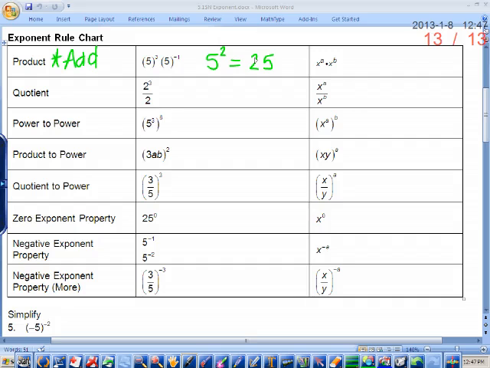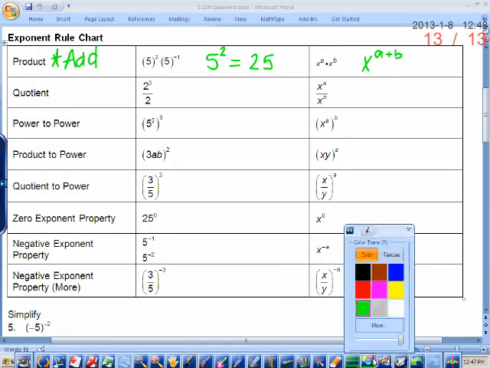All right, so let's generalize that rule. If we have x to the a times x to the b, keep your same base. What's your base? x. And then what do you do to your exponents? Add them. So x to the a plus b.